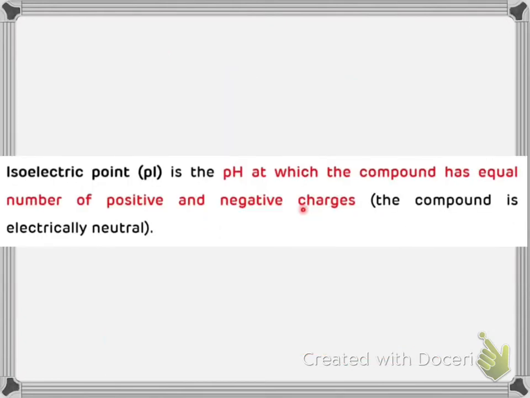So the isoelectric point is the pH at which the compound has an equal number of positive and negative charges. That is, the compound is electrically neutral.